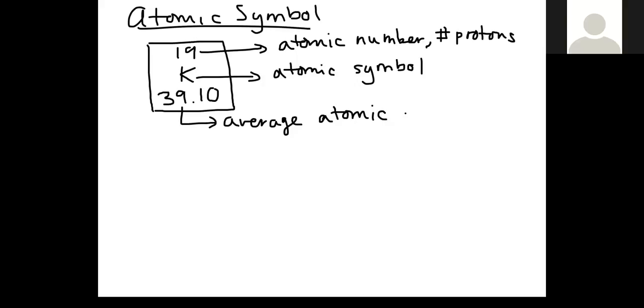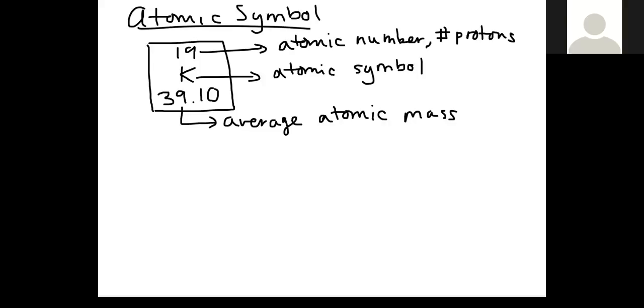So this number is the weighted average of the atomic masses of all the naturally occurring potassium, which means that most of our potassium is 39, it weighs 39 AMU, but some potassium, a small portion, weighs 41, and an even smaller portion weighs 43. So we take the weighted average of all of those and we combine it to the average atomic mass.